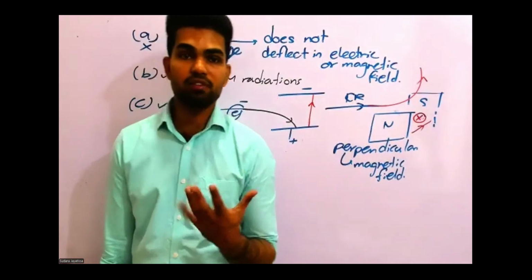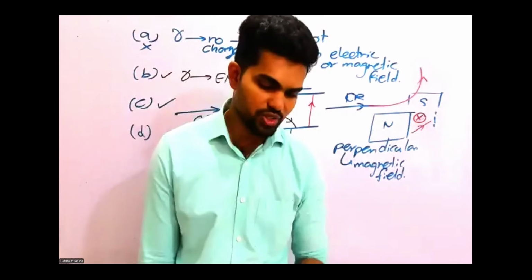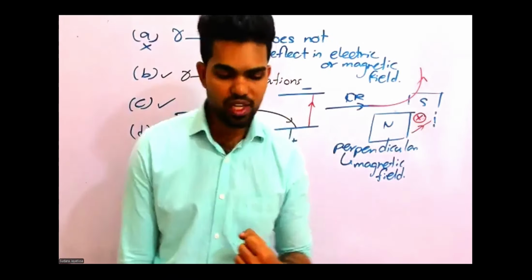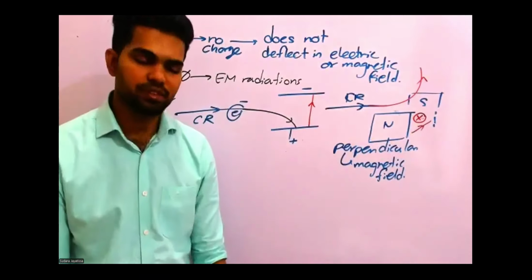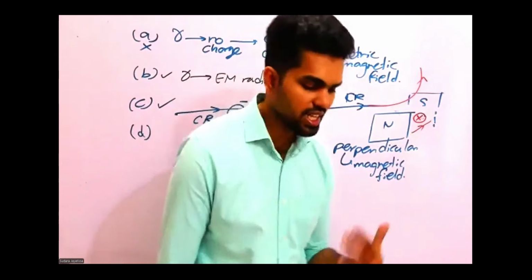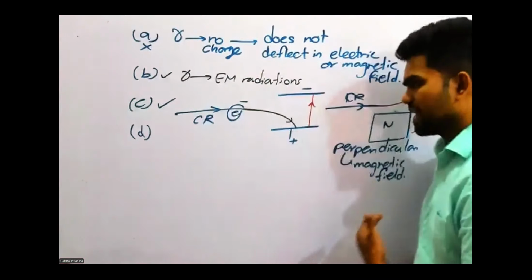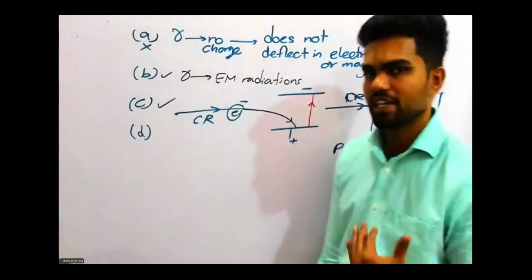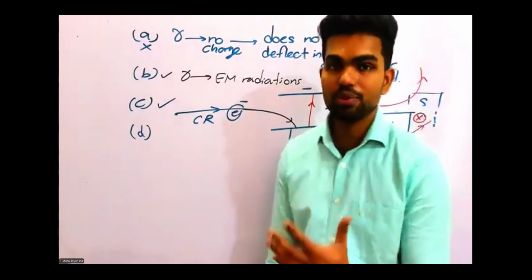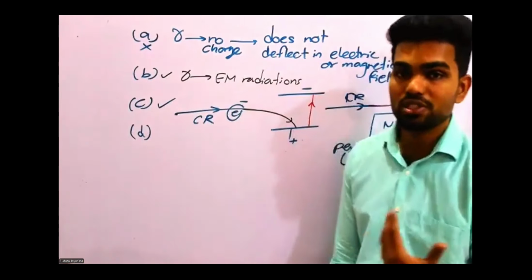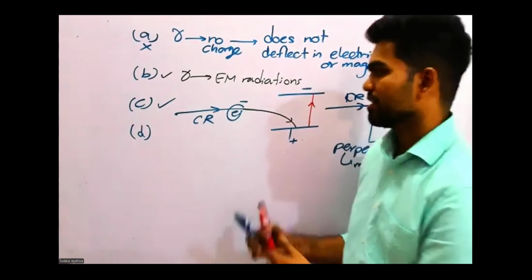Their penetration power, meaning the ability to pass through a medium, is very high, as they are very small and have no charge, so they have the highest penetration ability. So telling that beta has more penetration ability is wrong. Beta has some penetration ability relative to alpha, but gamma has the most penetrating ability. So D is wrong.